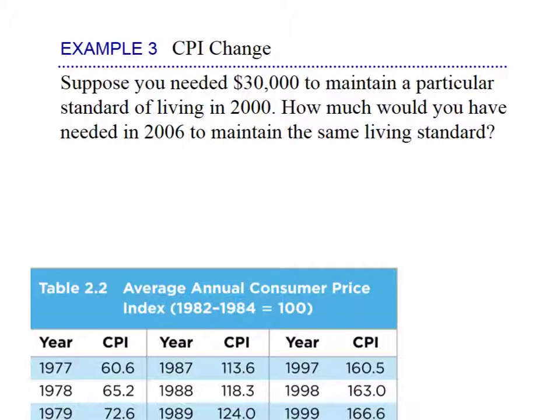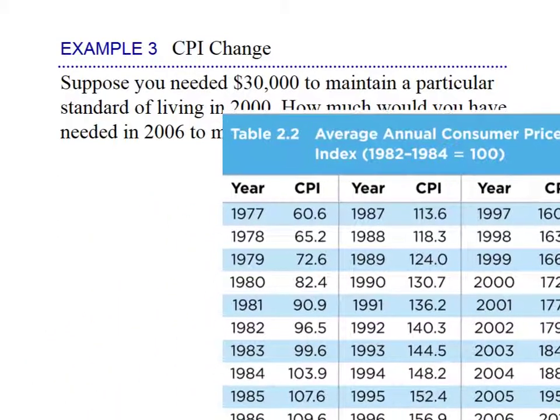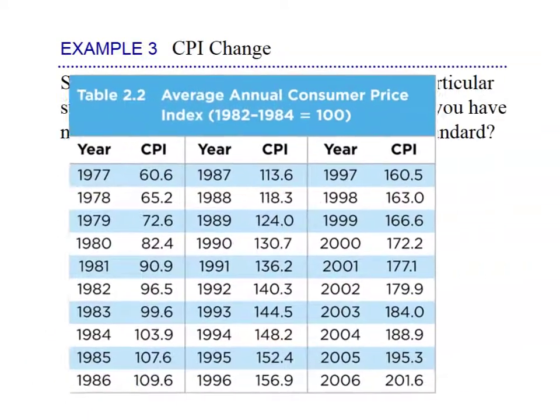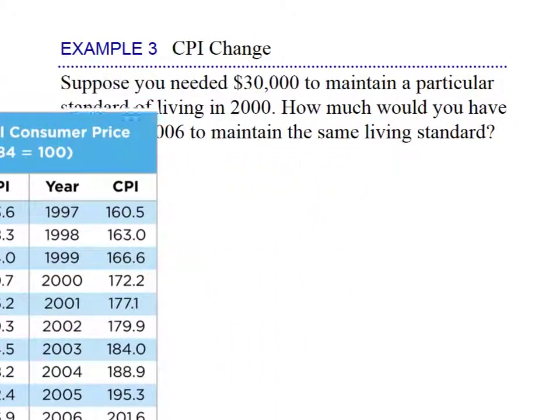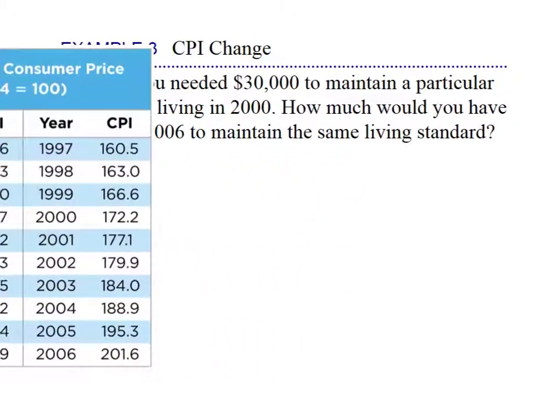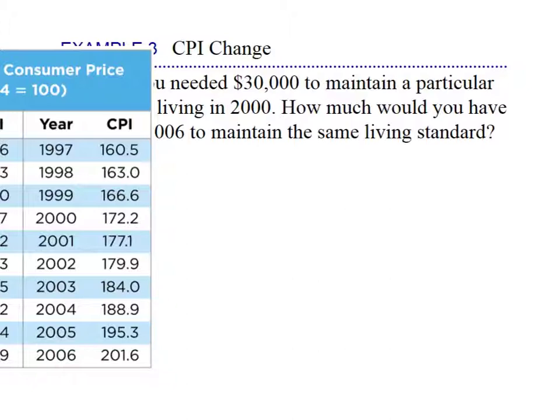We know the ratio, if you look at the consumer price index, let's see, where's my table going to work out the best here? Since we're looking for the cost in 2006, that's 201.6 compared to the 1982 price.